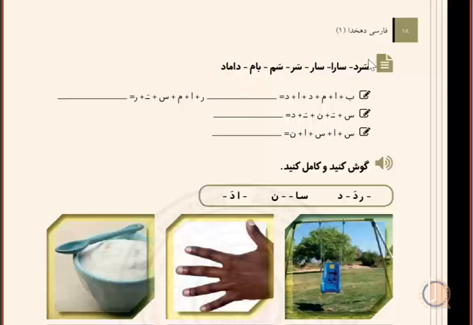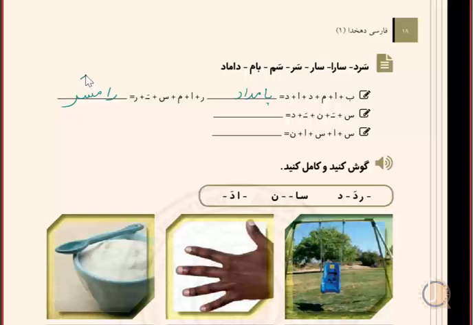Now let's put these sounds together and make a word. B, d, ad, that is bamdad, morning. Ram, sar.